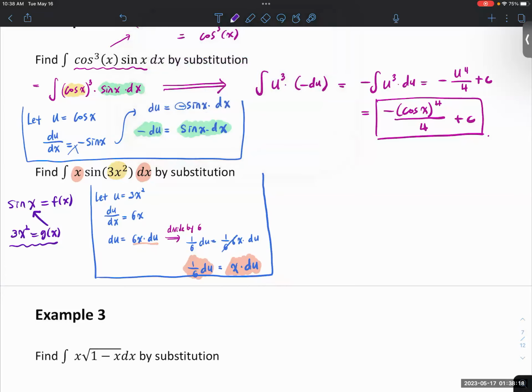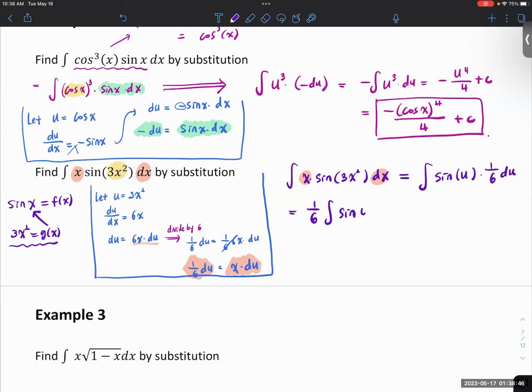So the integral of x times sine 3x squared dx is equal to sine u, right? 3x squared is my u, and x times dx is my 1 over 6 du. I'm going to bring 1 over 6 to the front.